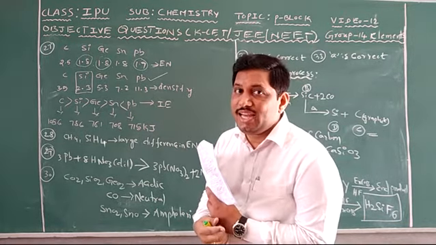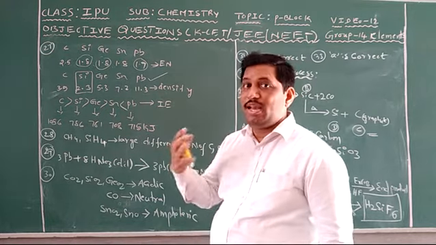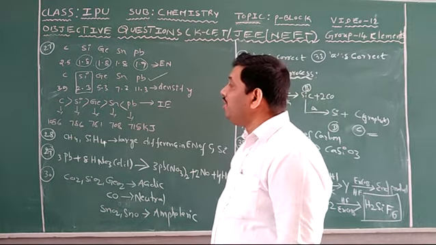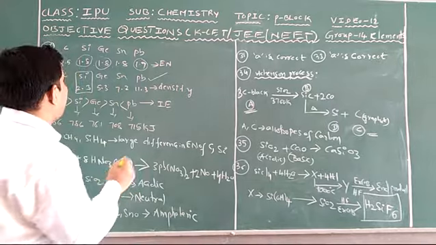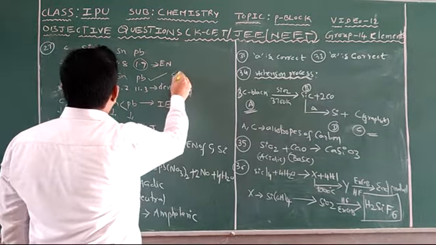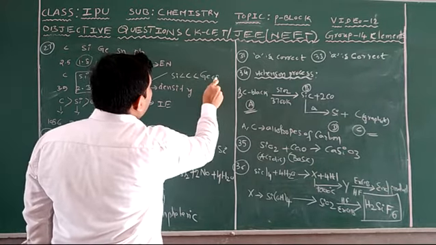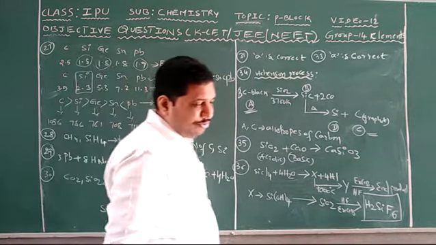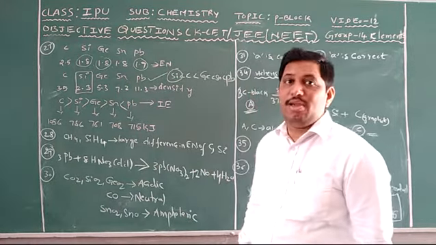Among group 14 elements, the element having least density will be silicon. Hence, the density order of the group 14 elements will be like this, students: first silicon, next carbon, next germanium, next tin, and the last one is lead. Therefore, the element having least density will be silicon.